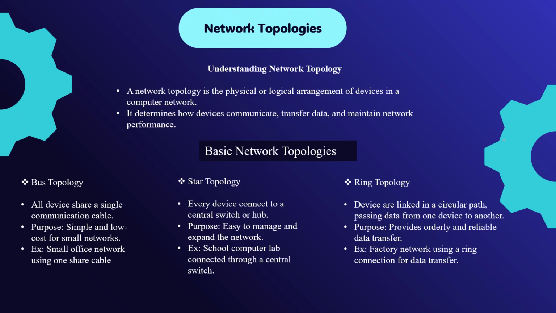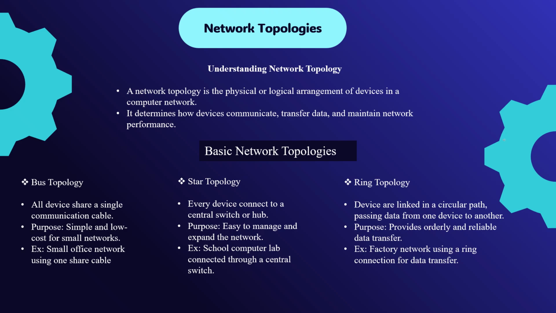First one is a bus topology, where all devices share a single communication cable. Its purpose is to provide a simple and low cost setup for small networks. A typical example would be a small office network using one shared cable.